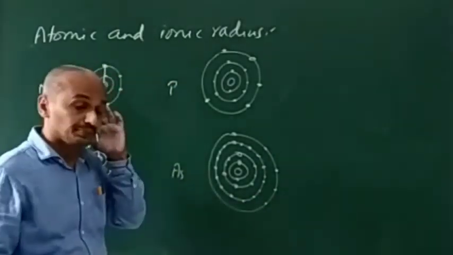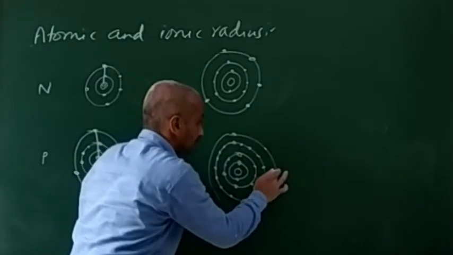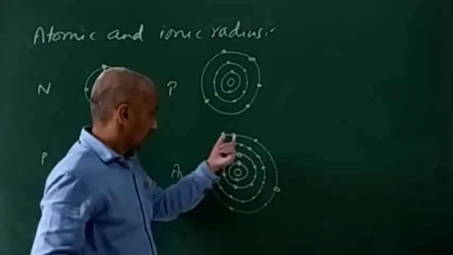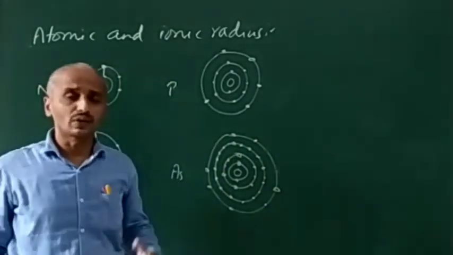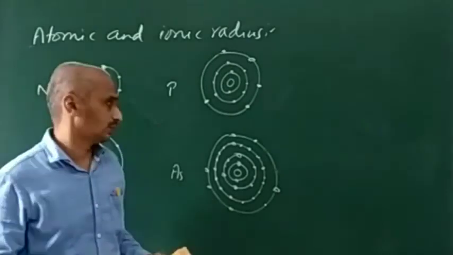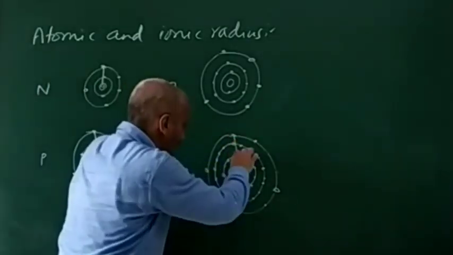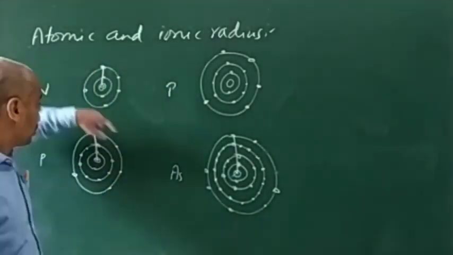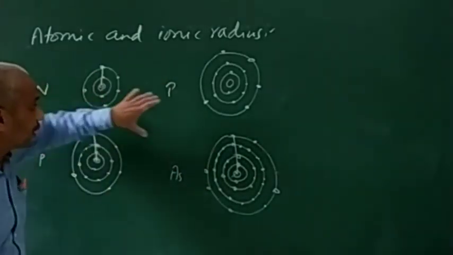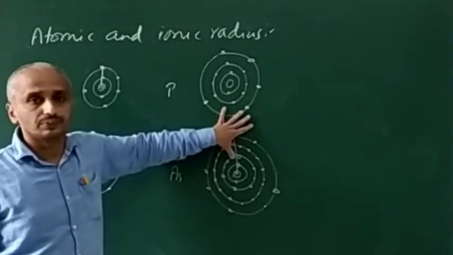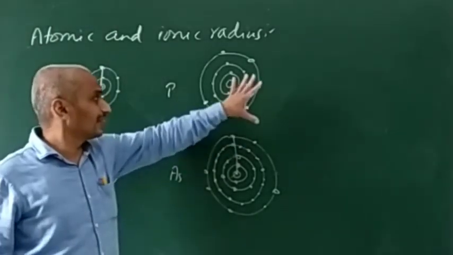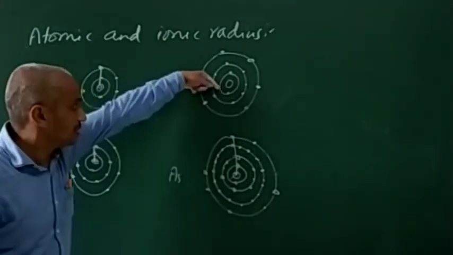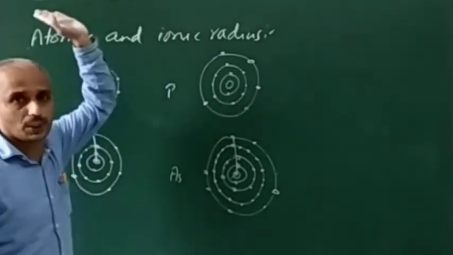See what happens now? These d orbital electrons are poor shielders of valence shell electrons. So they attract the valence electrons more towards the nucleus. So the increase in size that was there earlier will not be there in this case. Relatively lesser increase will be there. But definitely size of arsenic will be bigger than size of phosphorus. 100% sure.